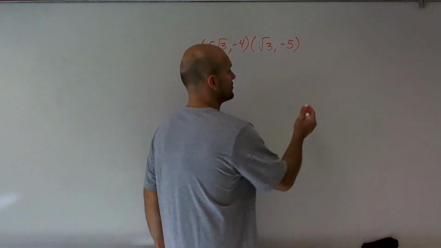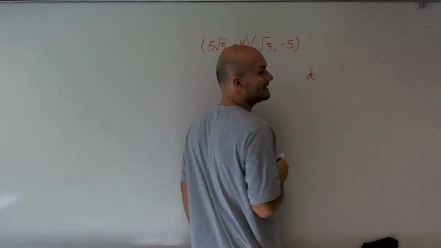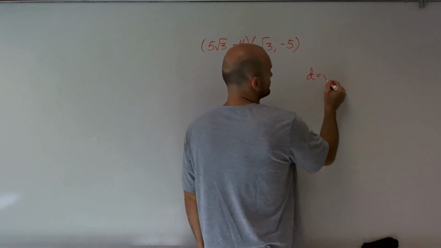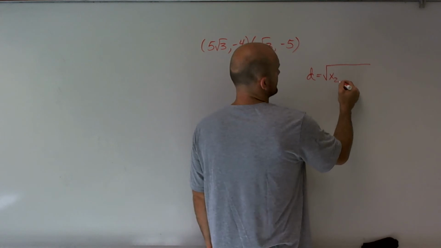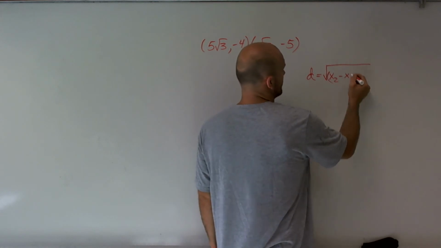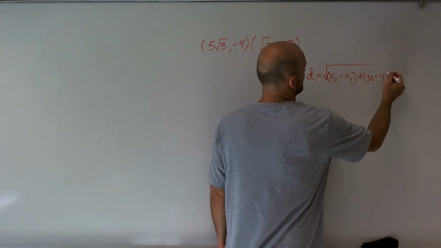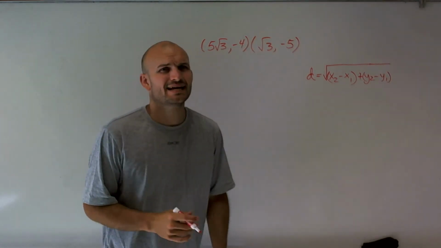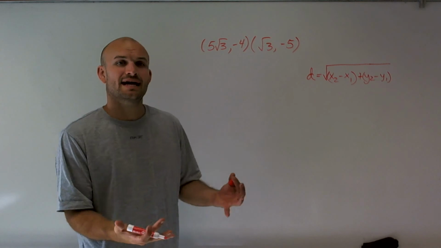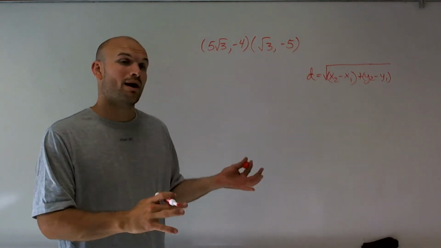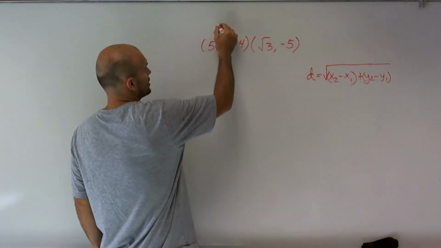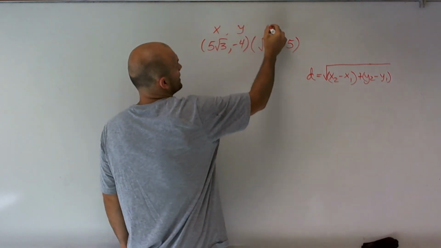The distance formula says the distance between any two points is equal to the square root of x2 minus x1 plus y2 minus y1. And just to go through again what exactly x2 and x1, or y2 and y1, are: each of these is a coordinate point, meaning they have an x and a y coordinate.